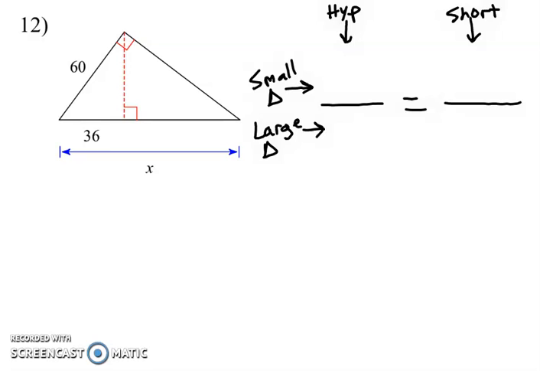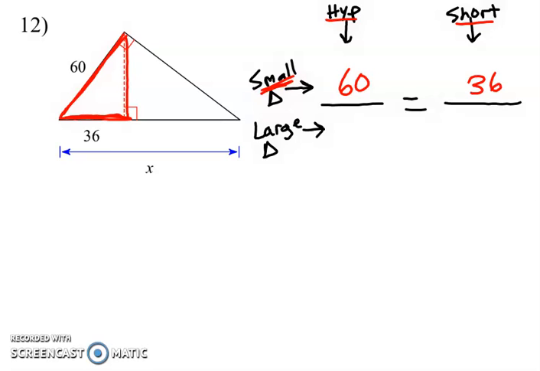Once you've got that template all drawn out and you know where you're going to put stuff, now you find what that information is, and you plug it into the proportion. Looking at this small triangle, I want to know what that hypotenuse is. Well, there it is, 60. And if I look at that small triangle and find the short leg, that would be this one down here, 36.